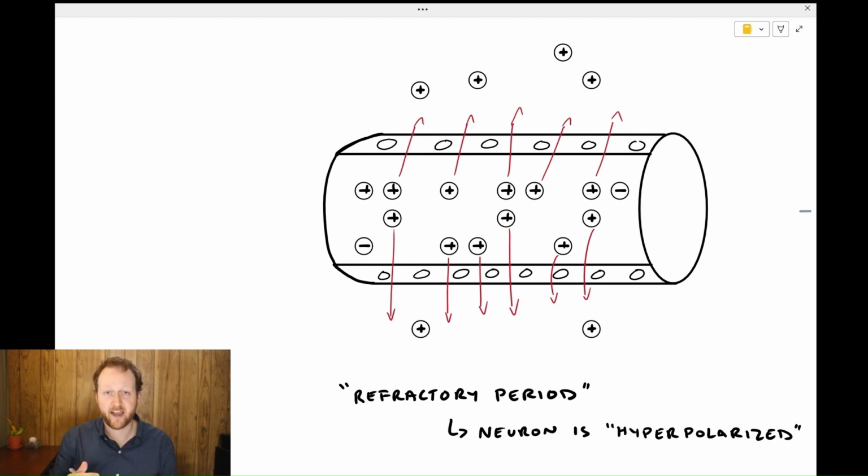Eventually, however, after 2-3 milliseconds, that positive charge starts to creep back in and the neuron will return to what we called the resting state, where it is still negatively charged, still has a negative net charge in comparison to the outside, but now all it needs is more excitatory information coming from other neurons to bring it back up to that threshold of excitation, or that firing threshold. And then another action potential will be fired.